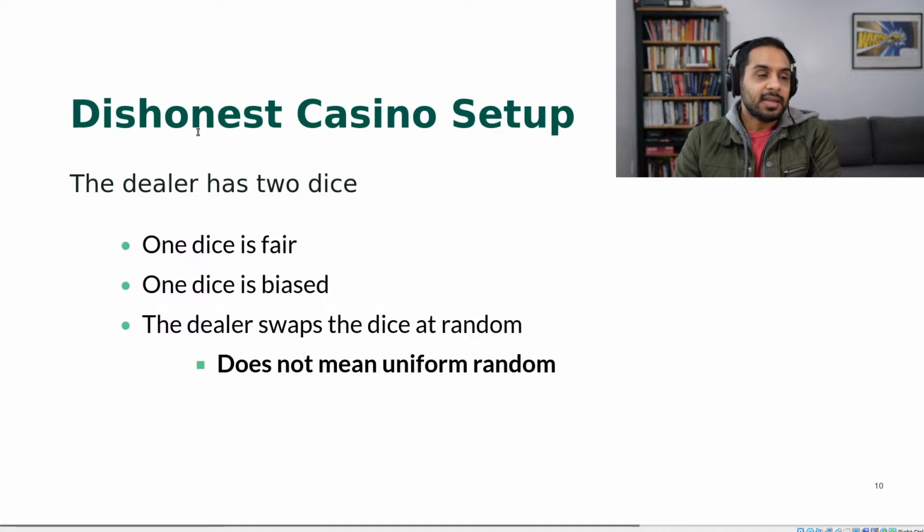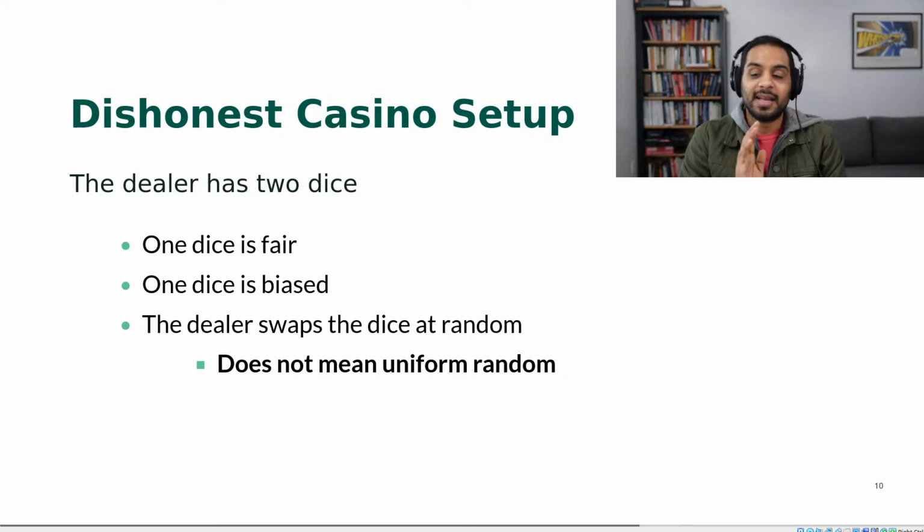Now, this is the same setup that I just explained. One dice is fair, one is biased. The dealer swaps the dice at random. So this is a key assumption we're making, that the dealer is changing the dice out in some random way. Now, I want to make this clear in case folks are new to probability: random does not mean 50-50 probability that they're switching back and forth.